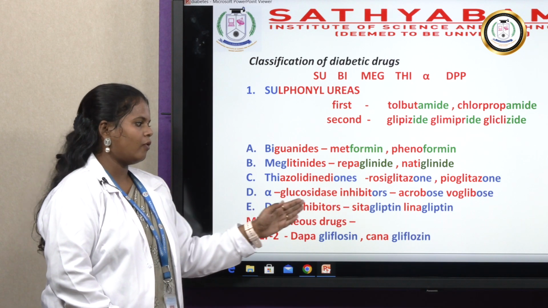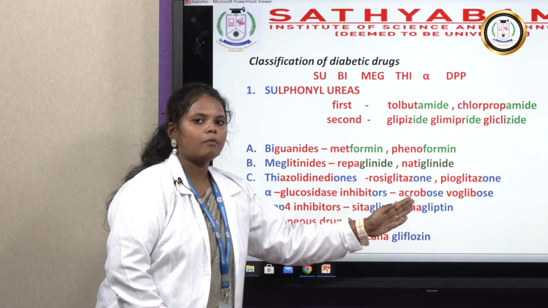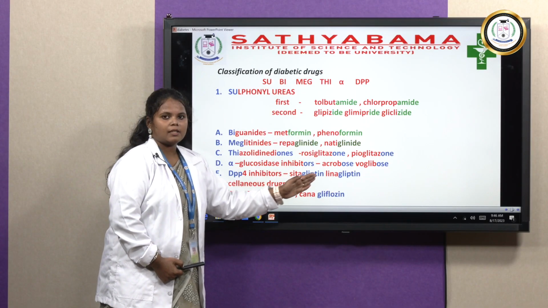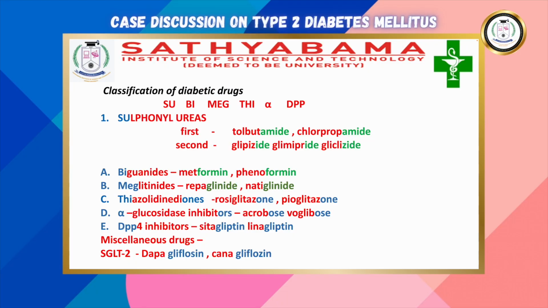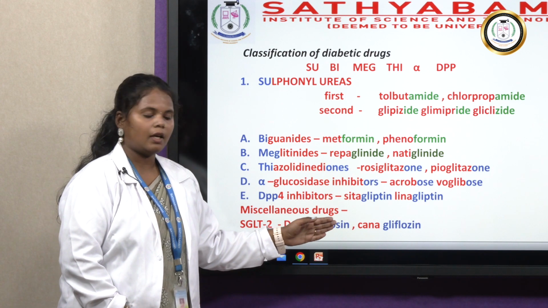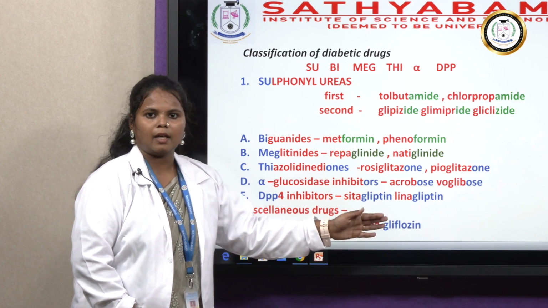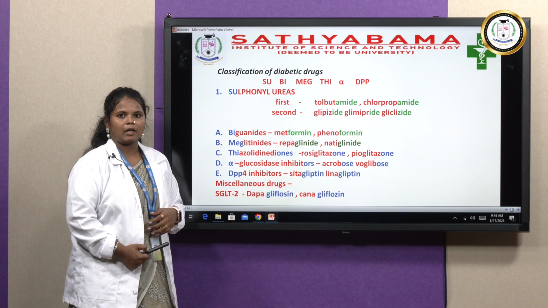Coming to the DPP4 inhibitors, you have drugs like sitagliptin, vildagliptin and linagliptin, which end with the suffix gliptin. And coming to the miscellaneous drugs, SGLT2 inhibitors, you have only 2 drugs, dapagliflozin and canagliflozin, which end with the suffix gliflozin. So this is the easiest way to remember the oral hypoglycemic drugs.